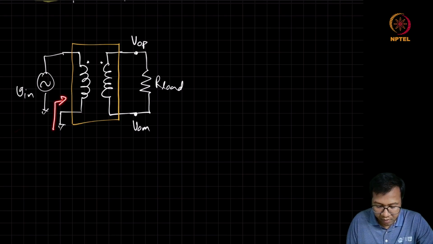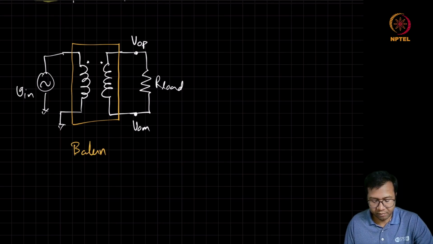So this is converting an unbalanced source to a balanced source. This is why it is called a balun. And we can see that this balun can be easily realized with the help of this mutually coupled inductor.